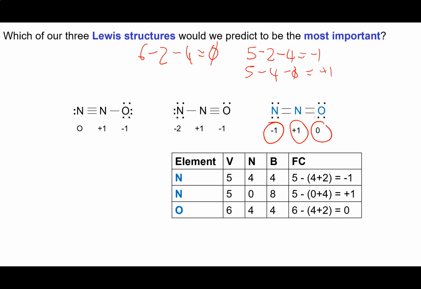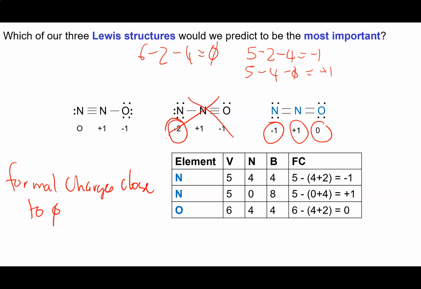All right, so what were our two rules? They were formal charges should be closest to 0. So we can get rid of this one because it doesn't have any that are near 0. It has this big minus 2, so that's going to be a bad one. And then our next rule was that the most electronegative has to have the most negative formal charge.